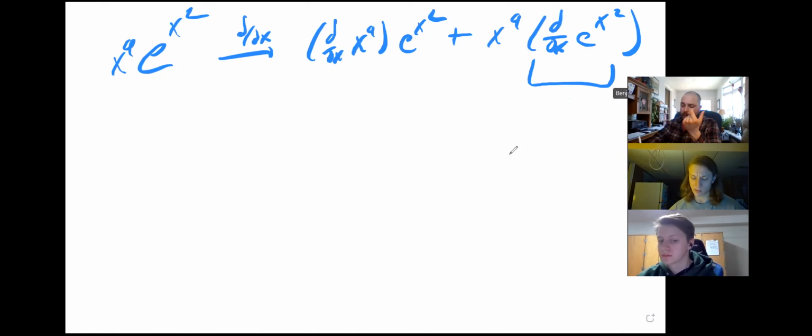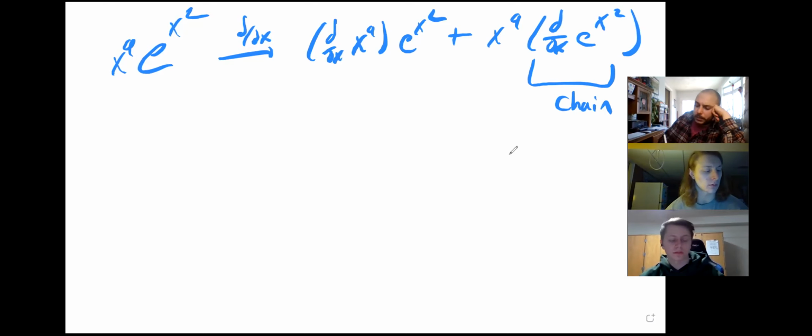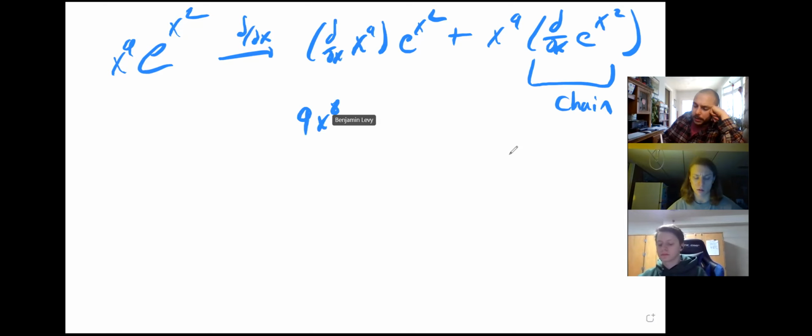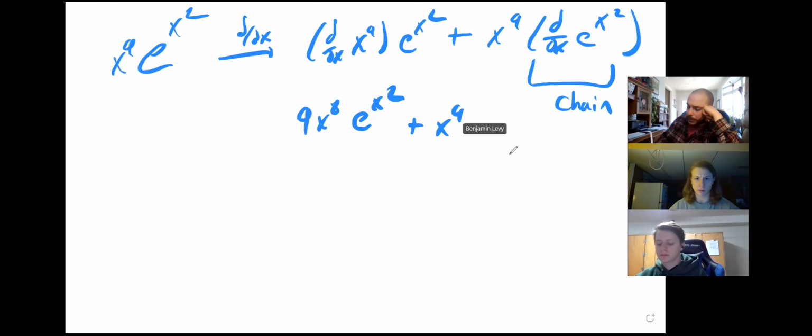And yeah, you use the chain rule here, but that's just going to be a bunch of stuff multiplied. And so it's still just 2 terms. One of them has three pieces, right? So it'd be 9x to the 8th, e to the x squared. And then you just said what the derivative of the other one would be. Oh, I didn't write it down right though, right? Wasn't it 4x squared?